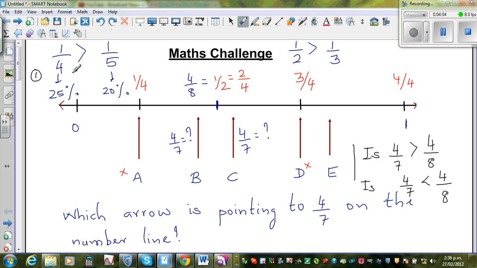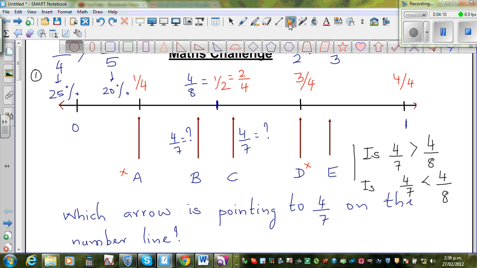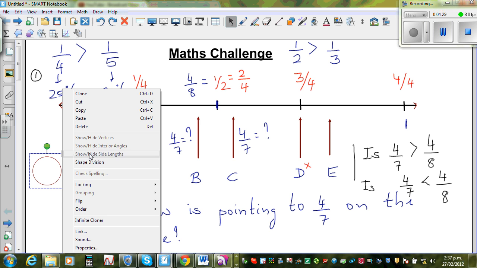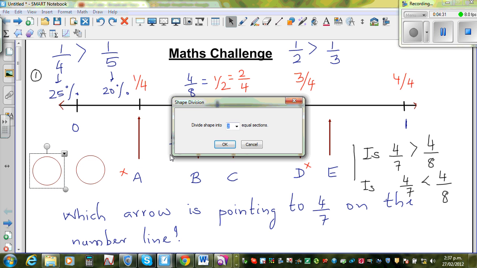Or if you don't know percentages, just imagine this. Let me draw a circle. You should understand. Suppose this is a circle. I'm going to copy this and paste it here. I'm going to divide this into quarters. Most of you can understand what I'm trying to explain.